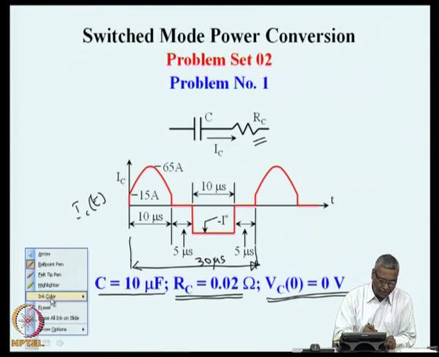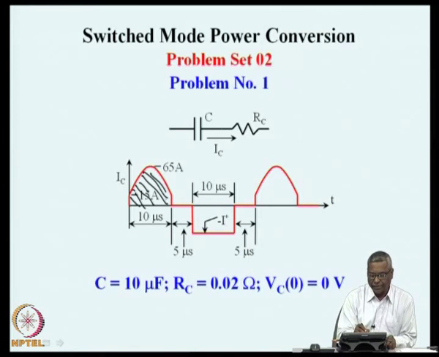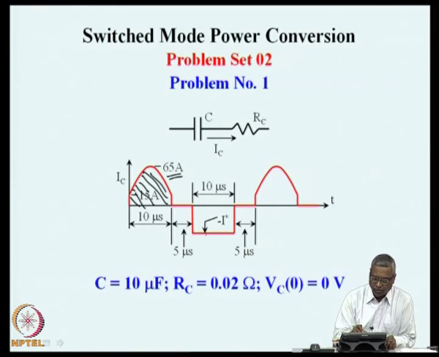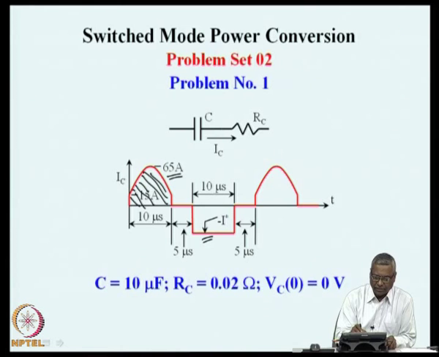The positive half consists of a flat 15 amperes, and on top of that a half sinusoid totaling up to 65 amperes. In the negative half we do not know the magnitude I star, but it is for a duration of 10 microsecond.